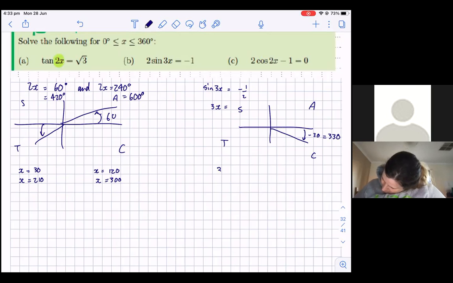So we're going to have 3x equals 330 degrees. And this answer will also give us a negative for sine, so going 30 down there, that's 210 degrees. But we want to go 3 rays around the circle.